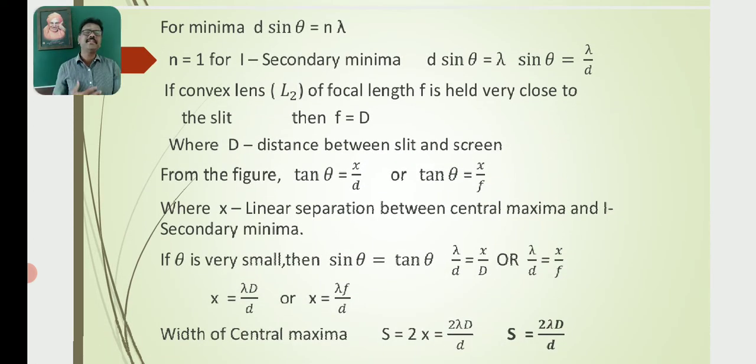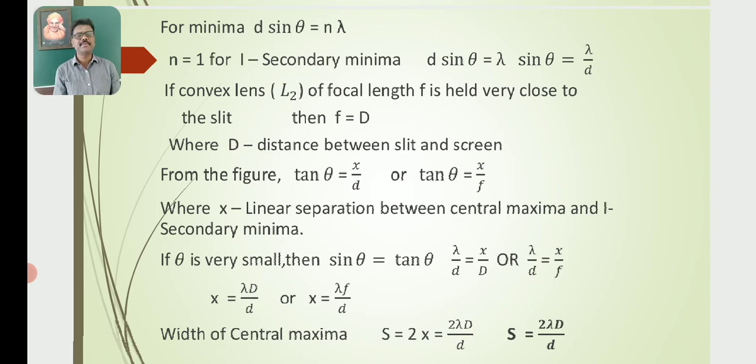For minima, d sin theta is equal to n lambda, n is equal to 1 for the first secondary minima. So for first secondary minima, d sin theta is equal to lambda, then sin theta is equal to lambda by d. If a convex lens of focal length f is held very close to the slit, then f is approximately equal to d, where d is the distance between the slit and screen.